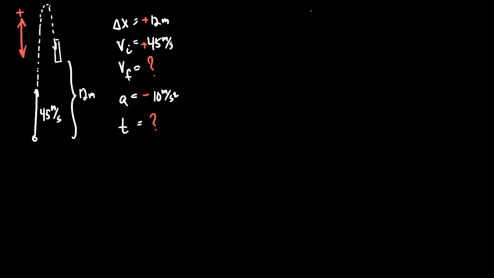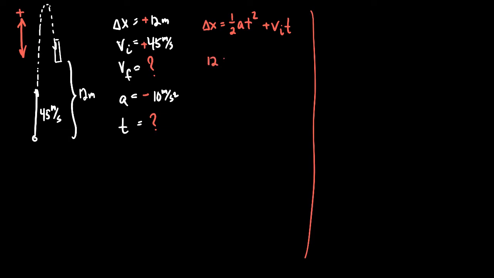If I'm solving for the time, delta x equals 1/2 a t squared plus vi times t. If I plug all that given information in, I'm going to get 12 equals 1/2 times negative 10 t squared plus 45 t.